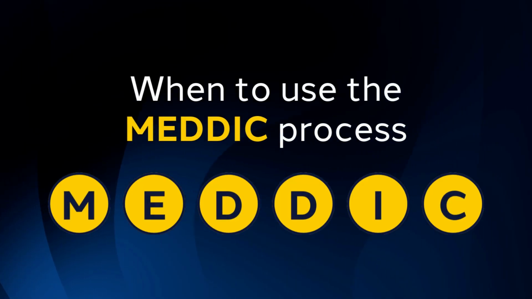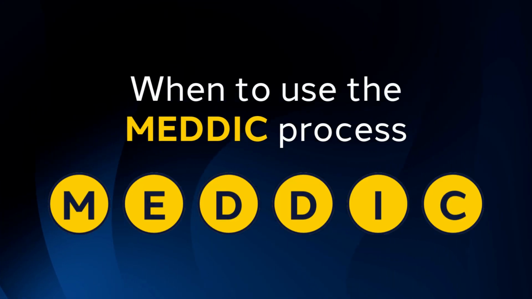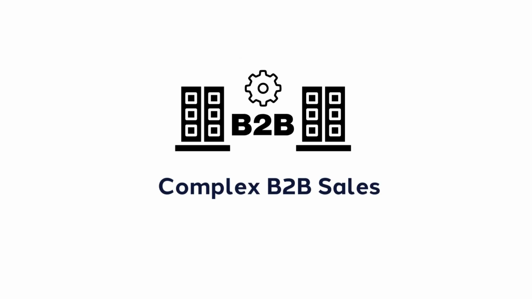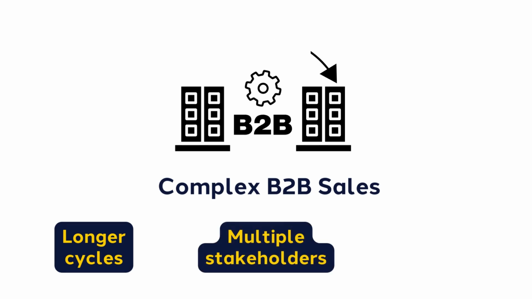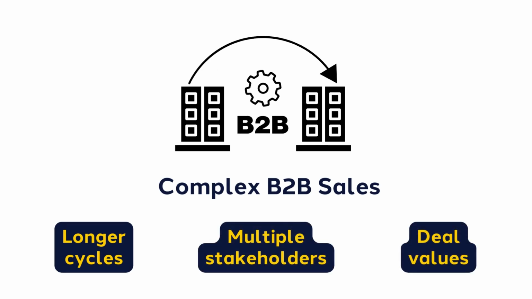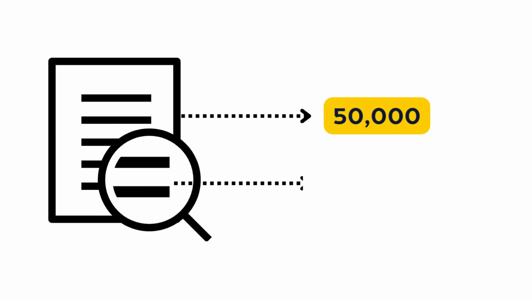When to use MEDDIC. So when should you use the MEDDIC process? It's ideal for complex B2B sales with longer cycles, multiple stakeholders, and significant deal values, typically enterprise or mid-market sales with contracts over 50,000 or 100,000.